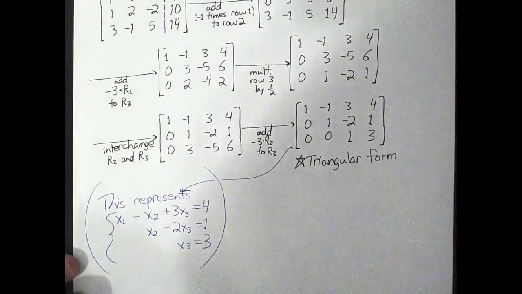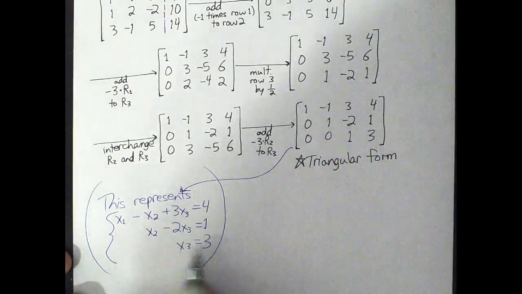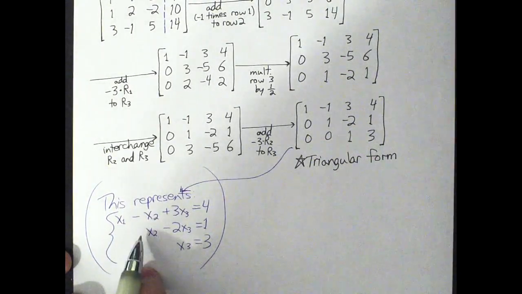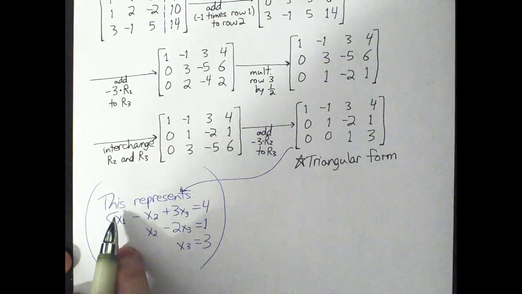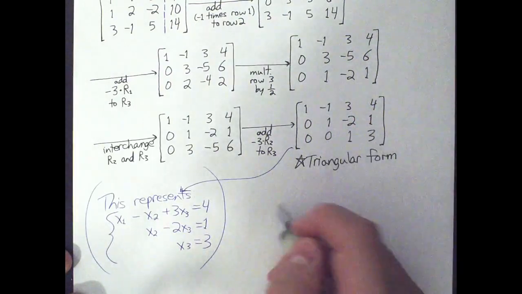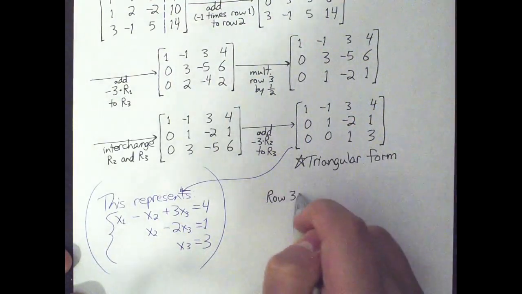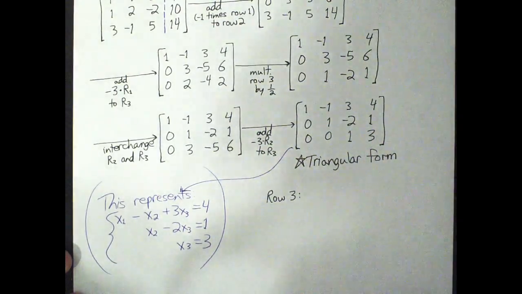And we can do back substitution to finish this off. We could either think of it by thinking of the equations, like equation 3, equation 2, equation 1. But we don't even need that. You can just ignore that. You could work with the matrix, with row 3, row 2, and row 1.